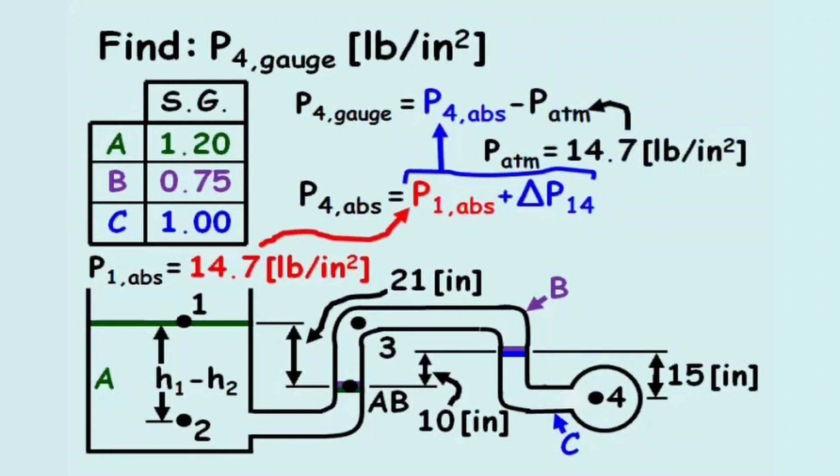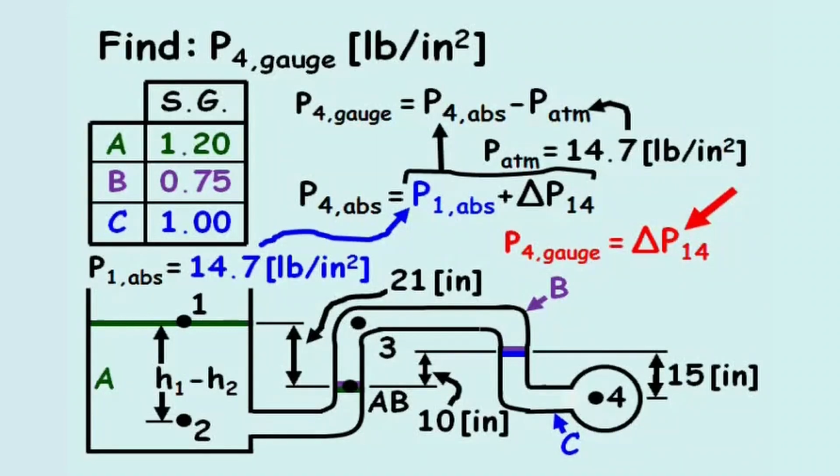And since we know the absolute pressure at point 1 is 14.7 pounds per inch squared, then our equation for gauge pressure at point 4 simplifies to the change in pressure between points 4 and 1.